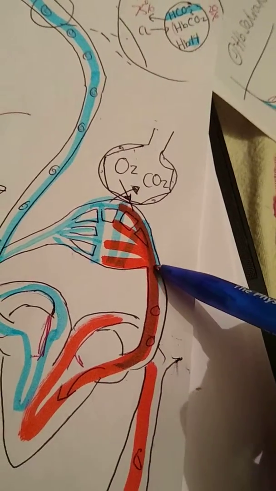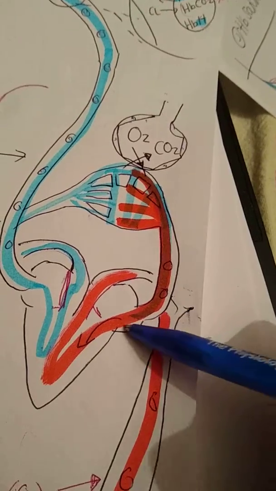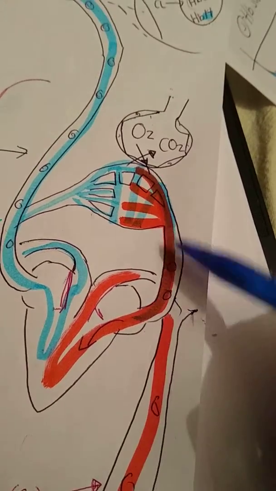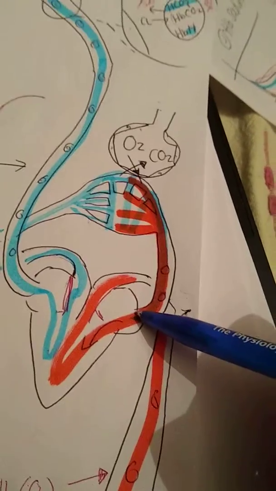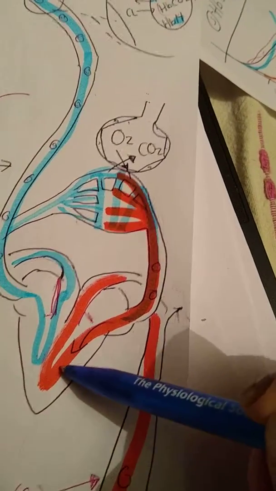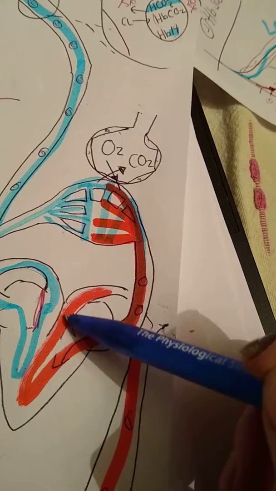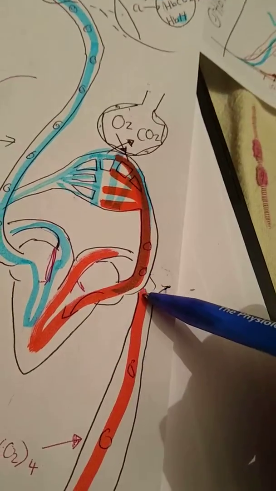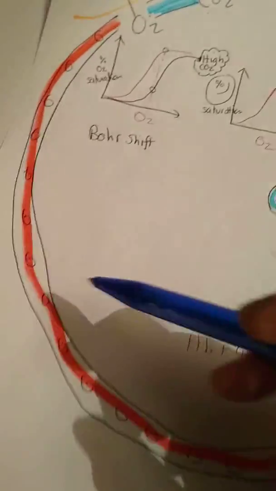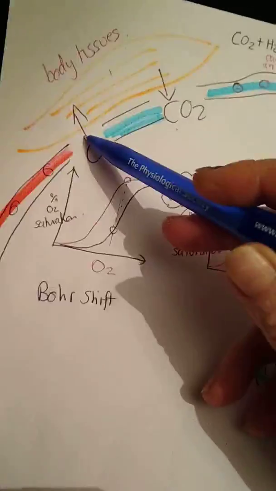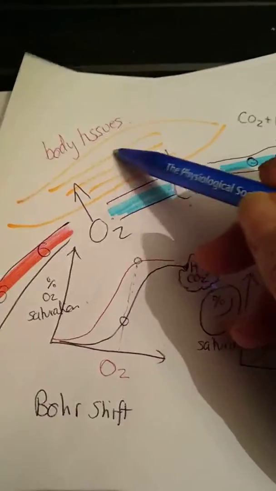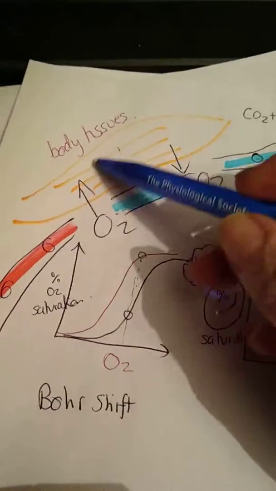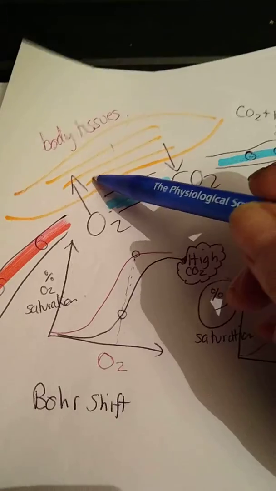The blood is now oxygenated and goes back to the heart through the pulmonary vein into the right atrium, down into the ventricle and up out through the aorta, and then down round. Oxygenated blood is pumped to the body tissues, and here we swap the carbon dioxide that's produced in respiration in the respiring tissues.